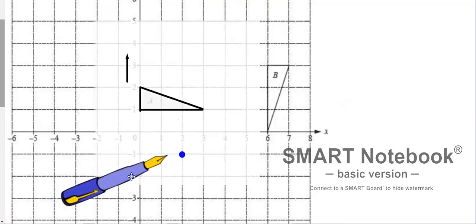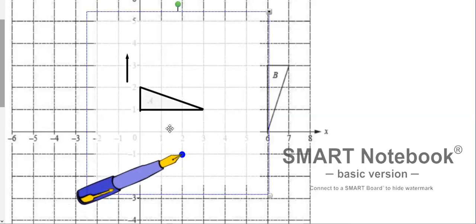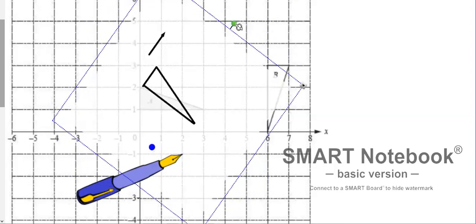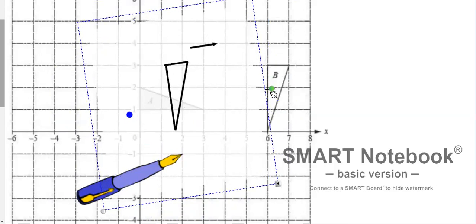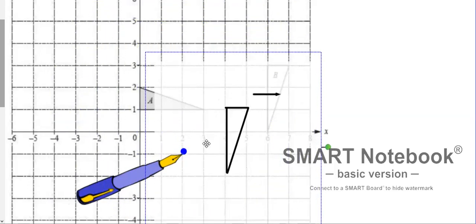So put your pen somewhere there, so that when you lose the center while rotating, the pen could remind you where the center is. Now, let us try to turn that shape 90 degrees. There we go. Come back to the center.